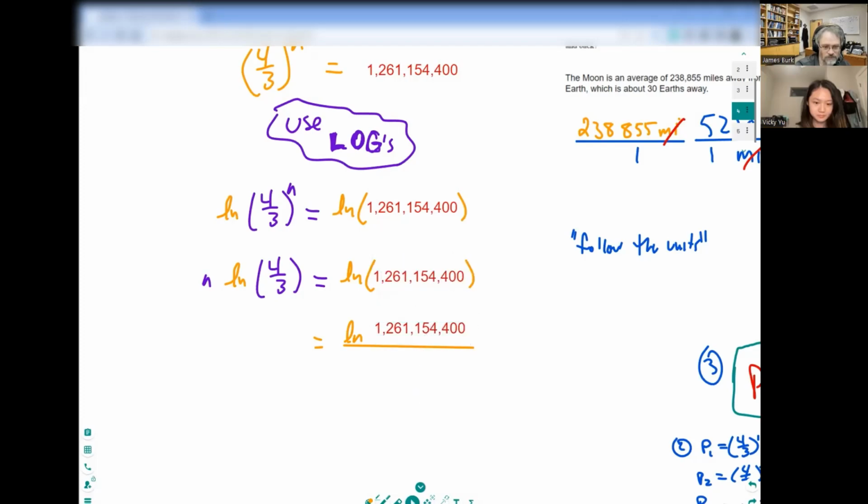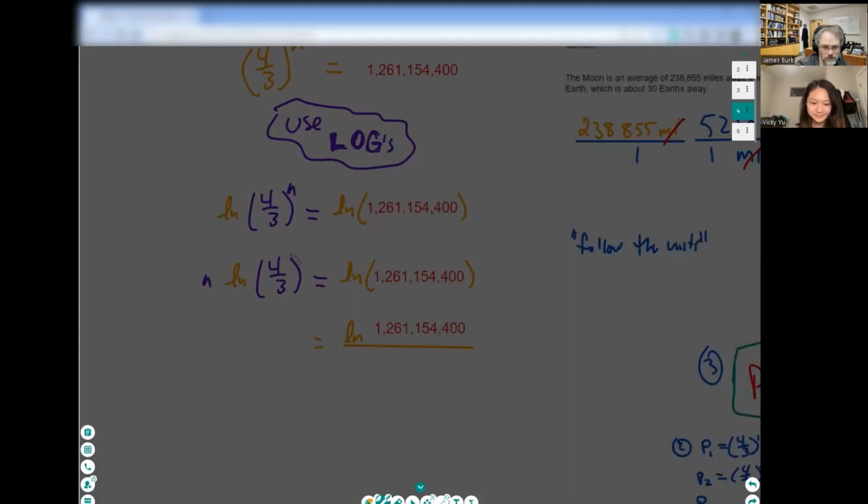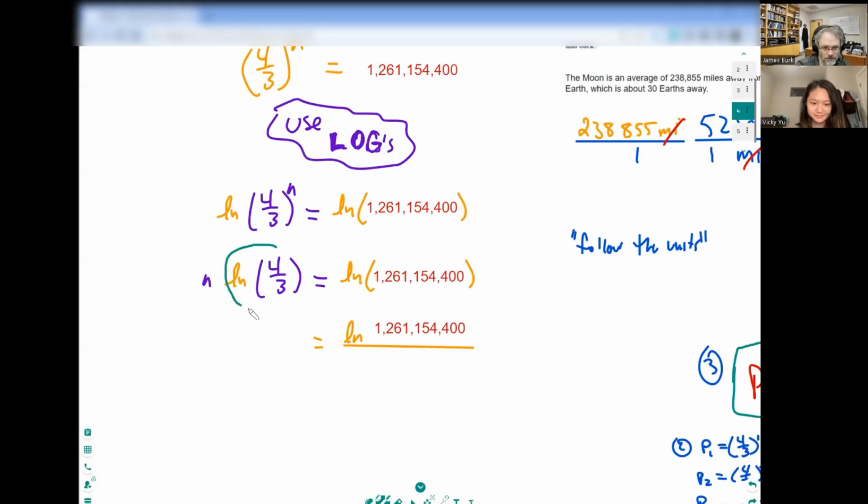How do you always solve? If I gave you 5x equals 6, how would you solve for x? Divide. So how would you solve for it here then? Because that's just a number. You also put it at the bottom. That's right. Divide it. Now, let's take a look at this and let's see what we're going to get.